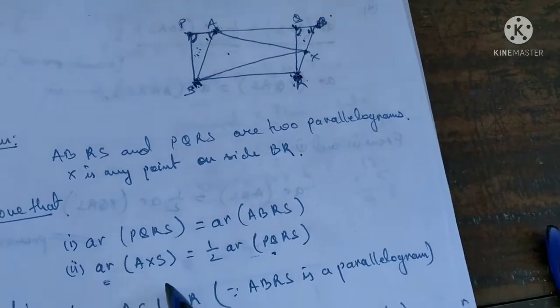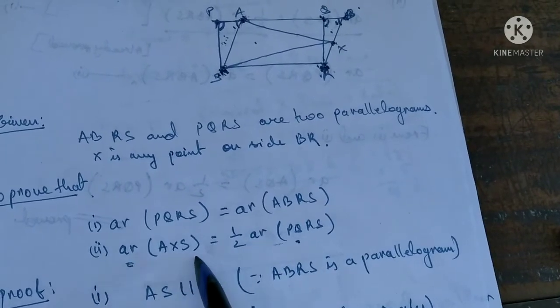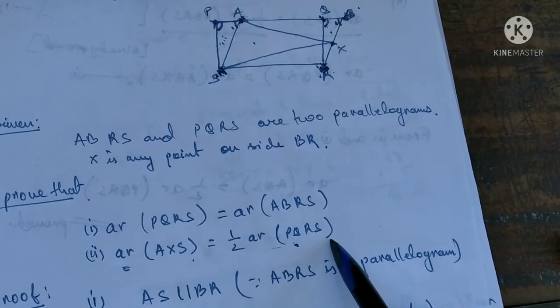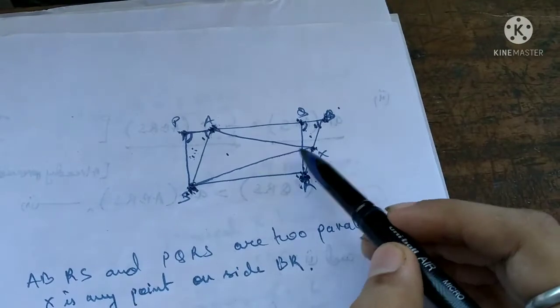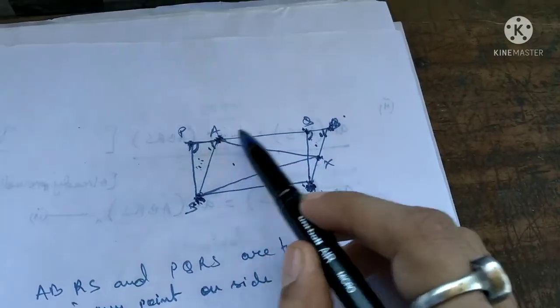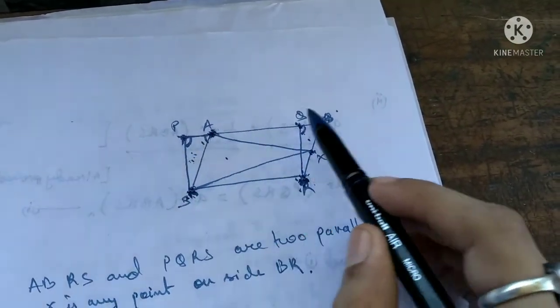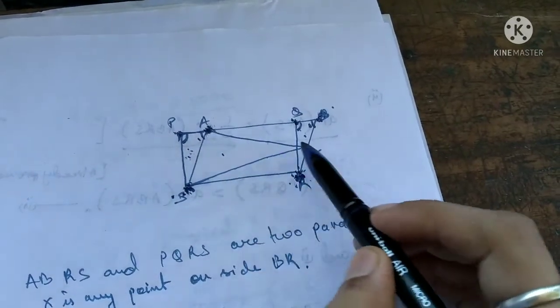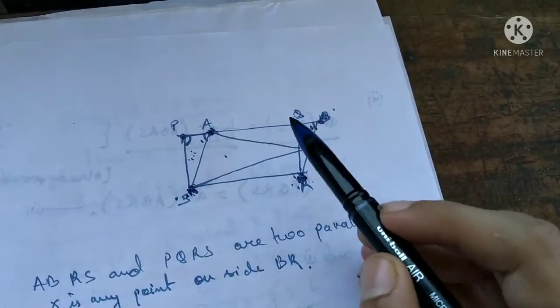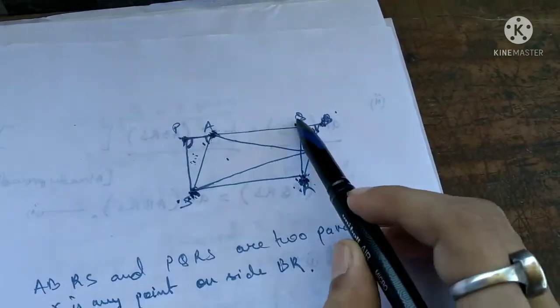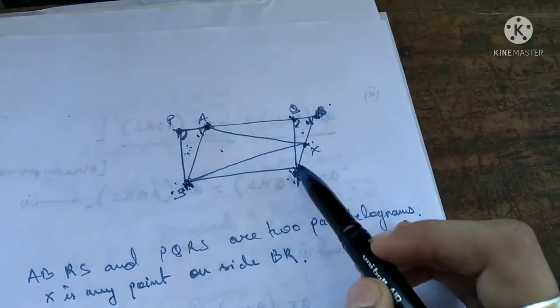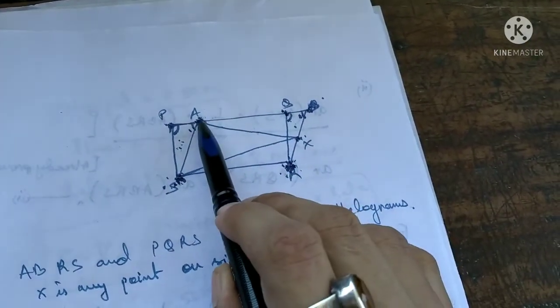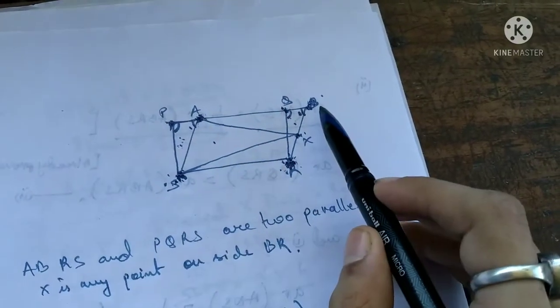Finished. And what do I have to prove? I have to prove that area of AXS is equal to half the area of PQRS. And what have I got? Area of AXS is equal to half the area of ABRS. I have to prove half of this parallelogram PQRS, but I have got half of this other parallelogram.